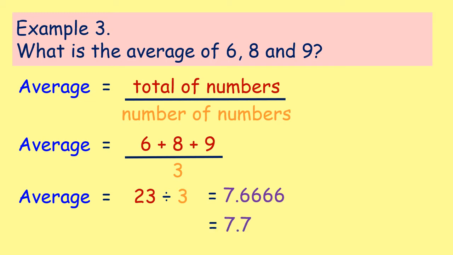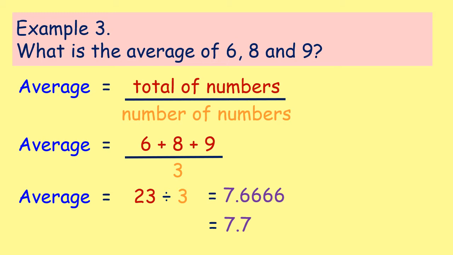Now the reason for that is because we look at the number after the decimal place, which is a 6, and we look at the second number after it. So it's a 6 and then a 6. Because 6 is bigger than 5, we round up, which means we turn the number 6 right after the decimal place into a 7.